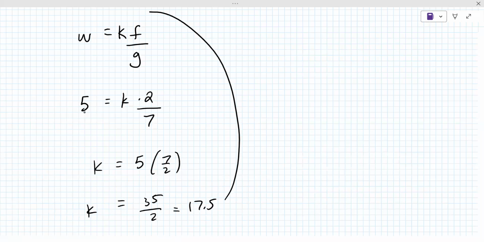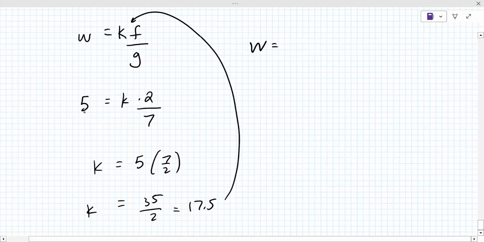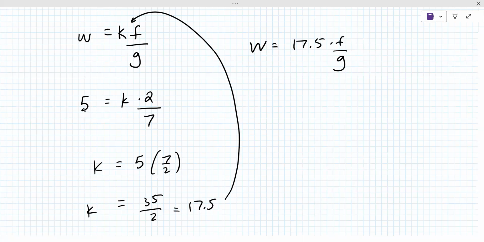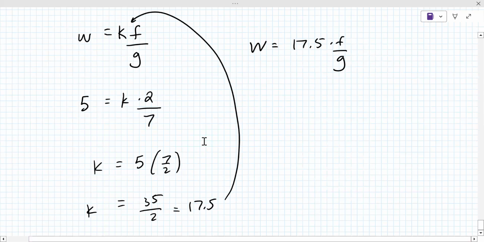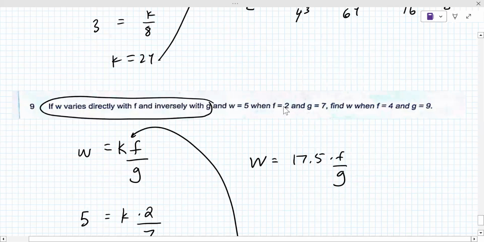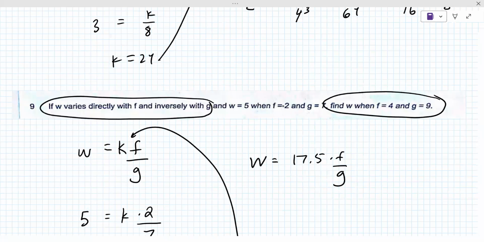And then again, you go back to the original: W equals 17.5 times F over G. Then you're going to use these new values to find W. So F is 4, G is 9, and you can go to a calculator, or you can do it by hand, whatever you like.